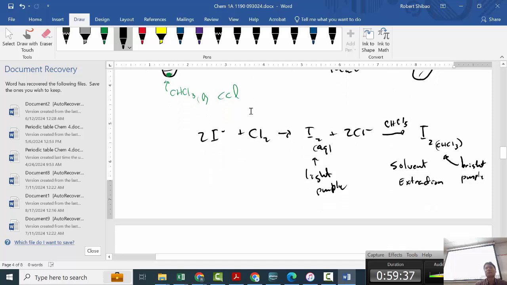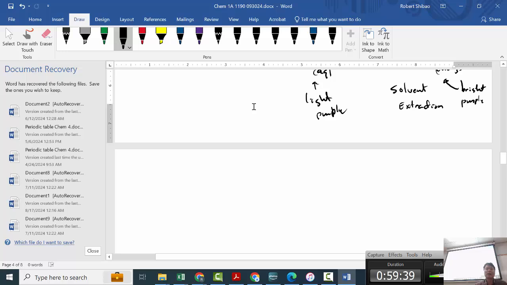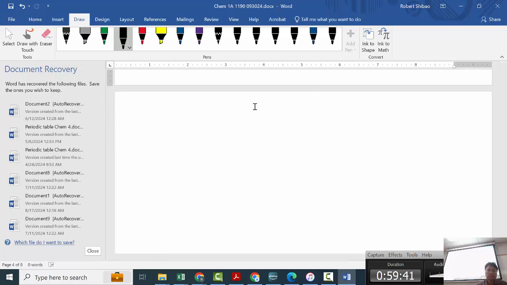The first thing is we're going to see what colors these come out to. Chlorine aqueous is a light yellow to colorless. But if we do a chloroform extraction, this is the first series of test tubes, which are only extraction, not reaction.